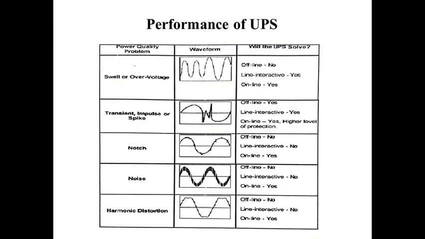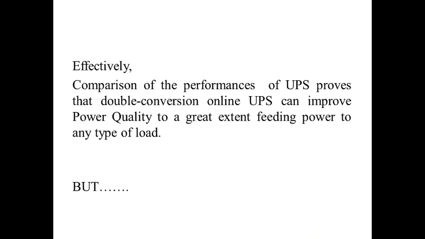And the other power quality problems like swell or over voltage, transient impulse or spike, notch, noise, and harmonic distortion. The corresponding waveform is shown, whether the UPS will be able to solve that particular problem or not. Effectively, comparison of the performances of UPS proves that the double conversion online UPS can improve power quality to a great extent, feeding power to any type of load.